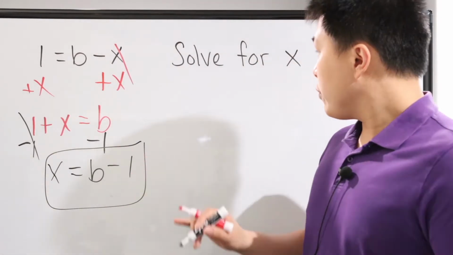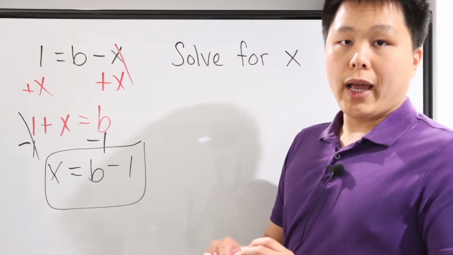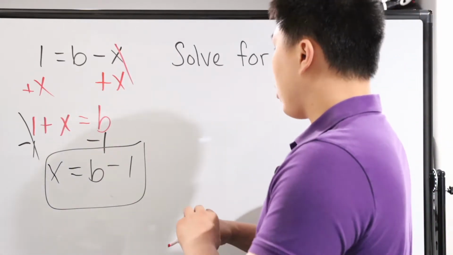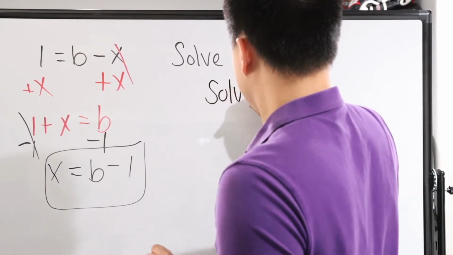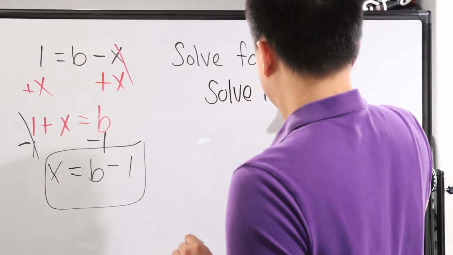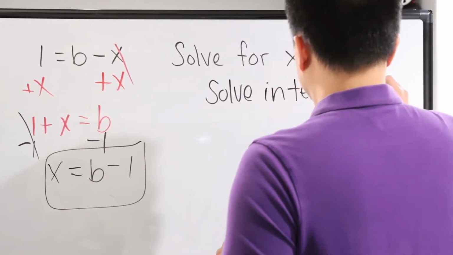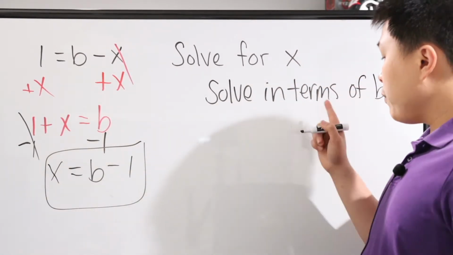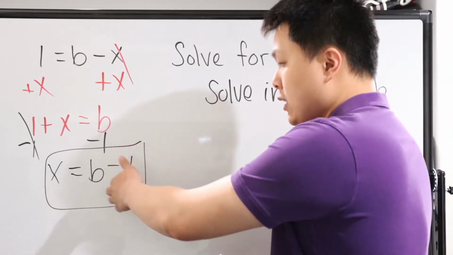Now, before we finish this problem, I want to show you guys something. This is solve for x. What if I say solve in terms of b? Okay, so solve in terms of b is actually the same thing. The answer will still be the same because this is in terms of b.